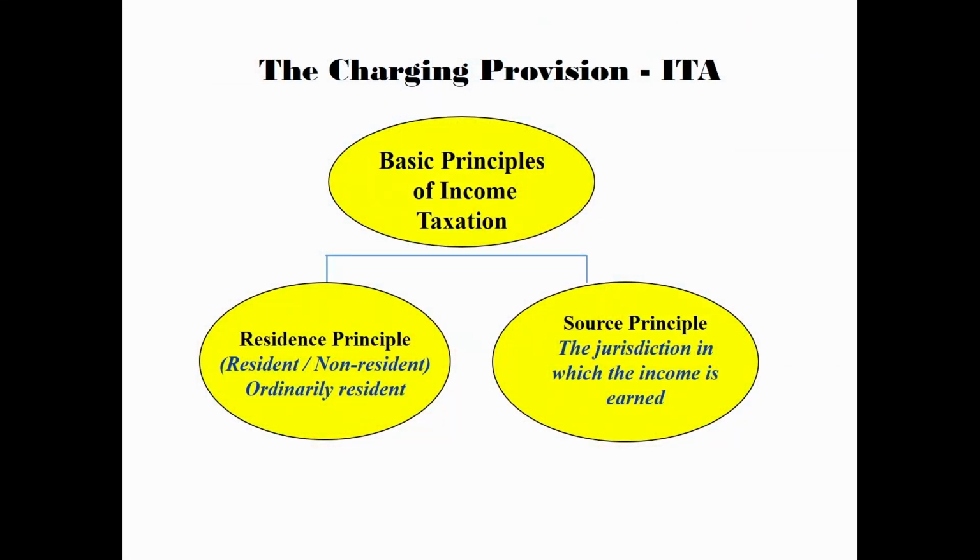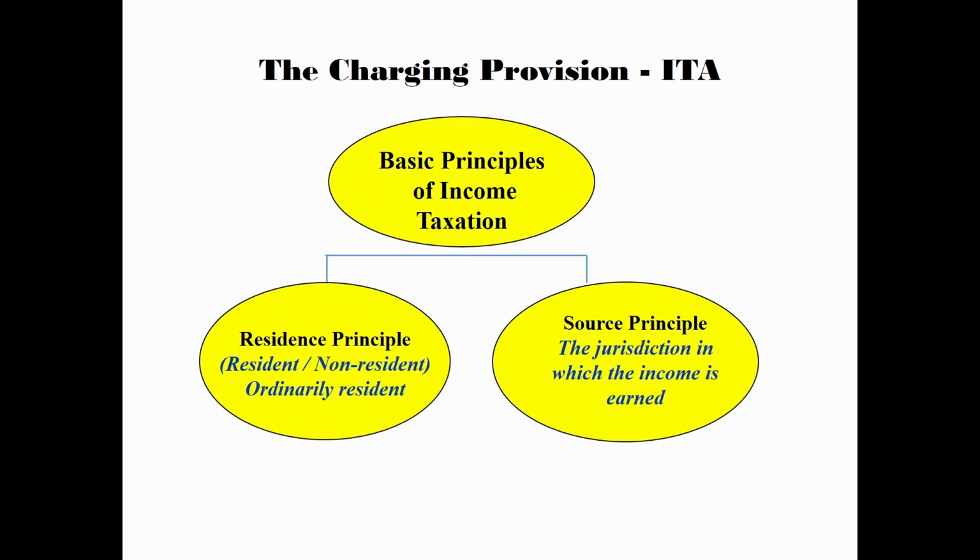In that case, the difference is that you don't get the income tax threshold, because only residents are given that benefit. So jurisdiction matters in which the income is earned, which is what we call the source principle.